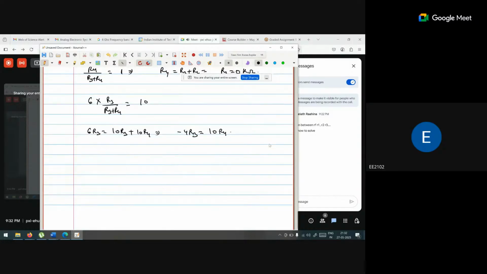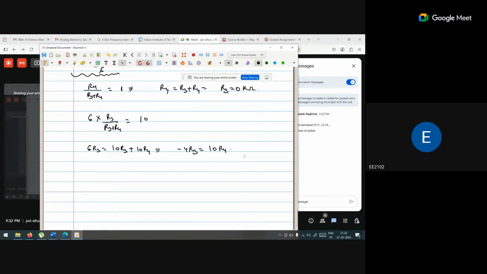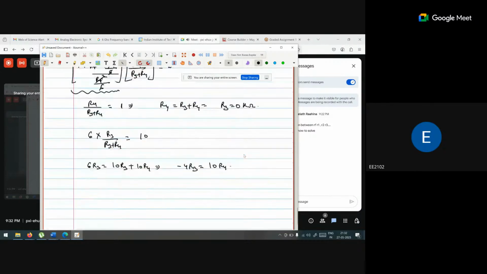There is a mistake in the question. Okay, no problem. So we can calculate the relation between R3 and R4. Okay, this is a random question, so that's why you are getting R3 is 0 kilo ohm, but that is not possible.